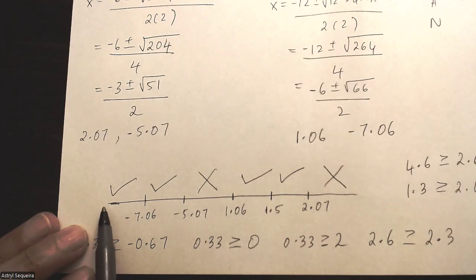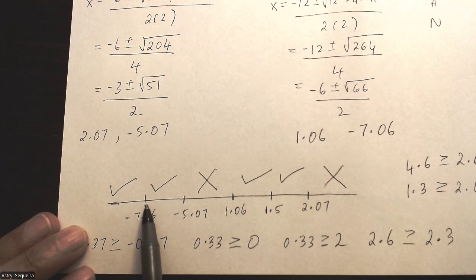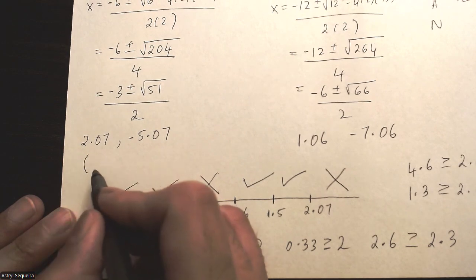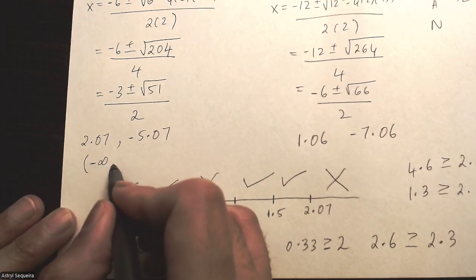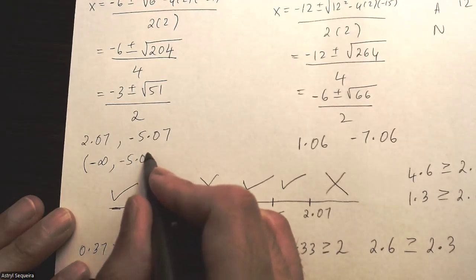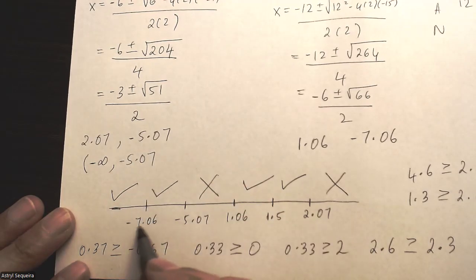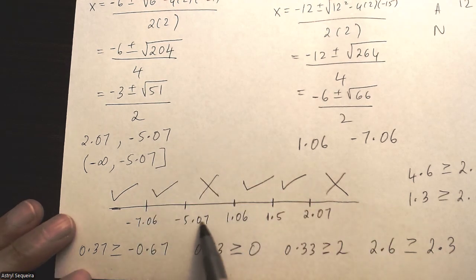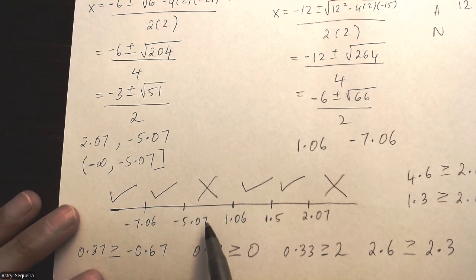So my first solution is negative infinity to negative 7.06. But since this is a solution, I can include both of these together. So I can go from negative infinity all the way till negative 5.07 because this answer here is inclusive. I'll put a square bracket over here because negative 5.07 is also inclusive.